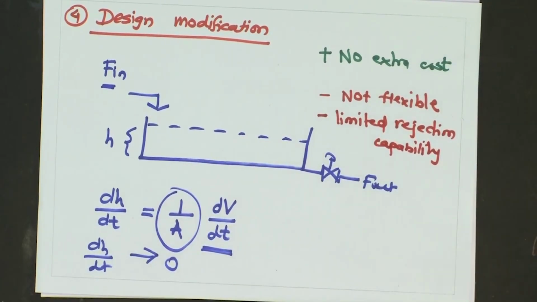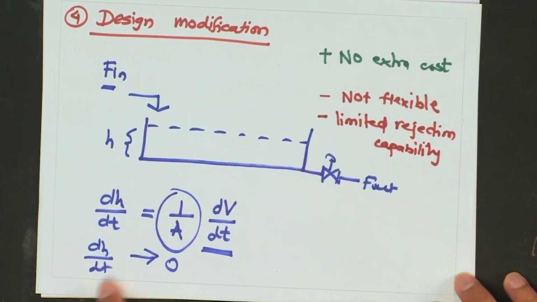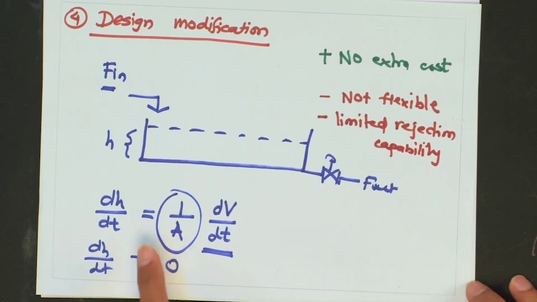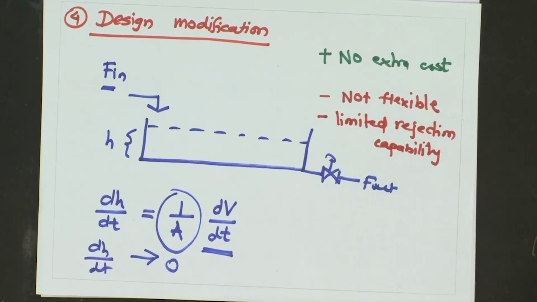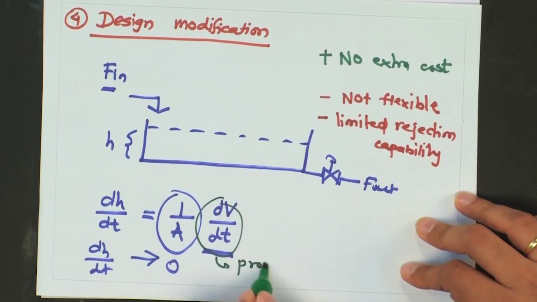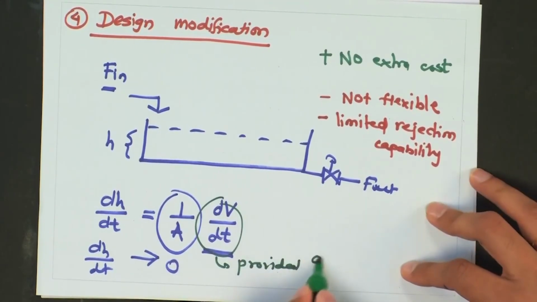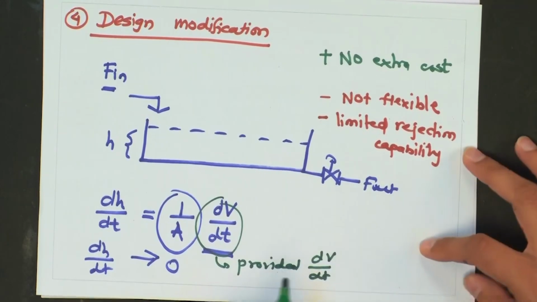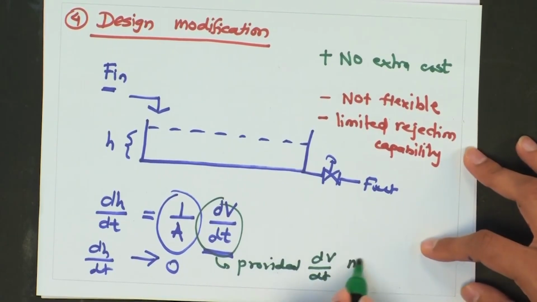I said that this dH by dt will be small if I select a very large area, but I did not tell you the remaining part of the story, which is, provided the change in the volume is not too big.